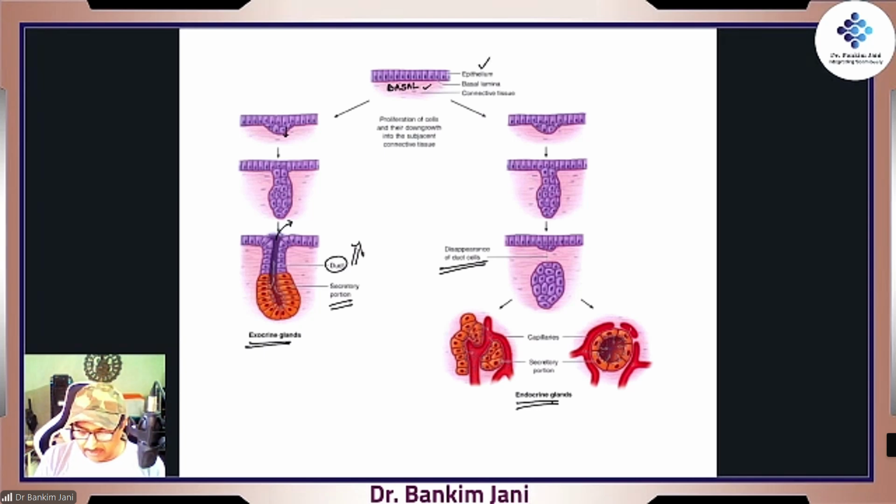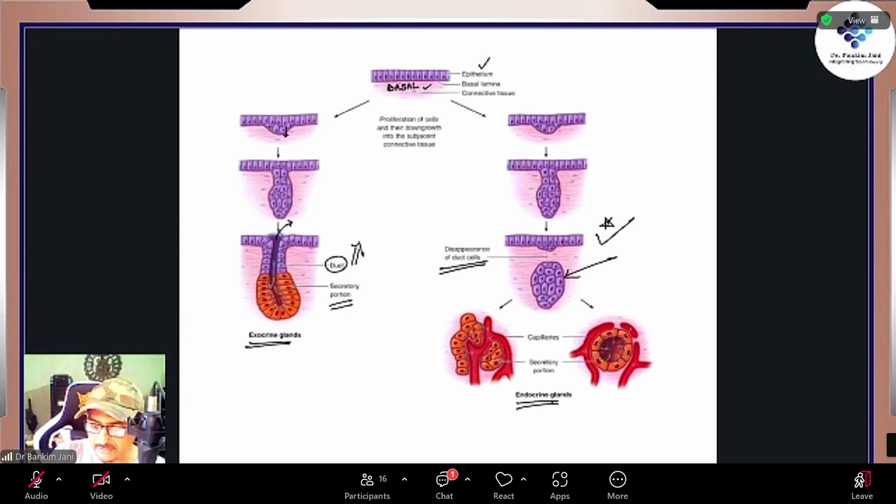And now this group, that particular group, that would be the secretory portion, and it will be in association with the capillaries, so that whatever the secretions they make, they are drained directly into the blood. So that is how the development of exocrine and the endocrine gland occurs. Right? This stage, this is the important stage.